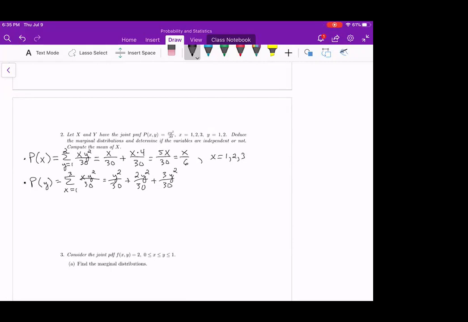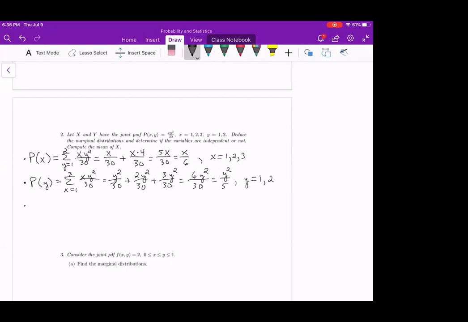And that's it for what x can be, 1, 2, and 3. With a common denominator, you've got 6y squared over 30, which simplifies to y squared over 5. And again, y can only be 1 and 2. So those are your marginal distributions.